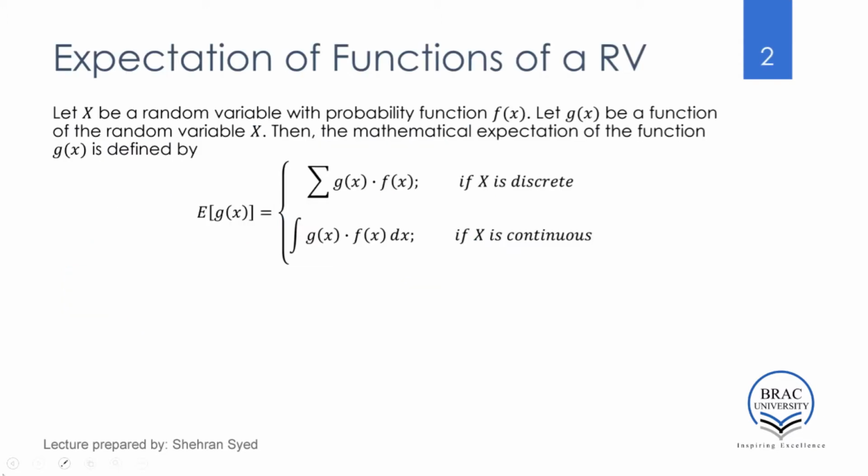First, let's start with the expectation of functions of a random variable. If x is a random variable with a probability function f of x, and g of x is a function of the random variable x, then the mathematical expectation of g of x, denoted by E of g of x, is defined as the summation of g of x times f of x when x is discrete, or the integration of g of x times f of x dx when x is continuous.